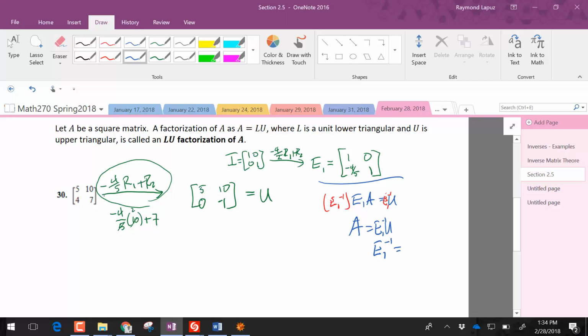According to what we talked about last time, the inverse of an elementary matrix is an elementary matrix also, right? The inverse of a row swap is the row swap itself. The inverse of multiplying a row by a number is multiplying it by the reciprocal. And the inverse of adding a row to another row is some sort of subtracting thing.